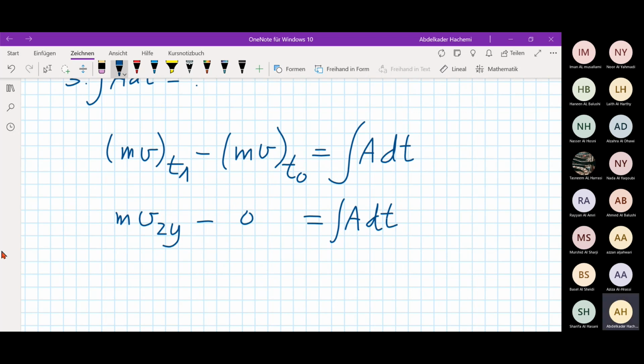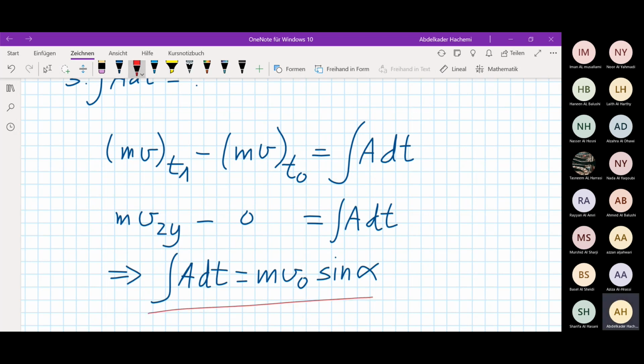Then it means we get the integral of A dt will be equal to the mass multiplied by v0 sine alpha.